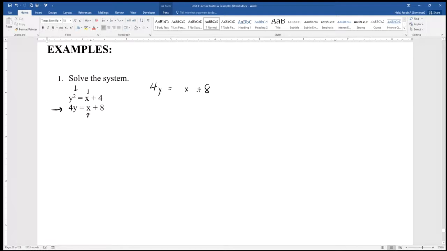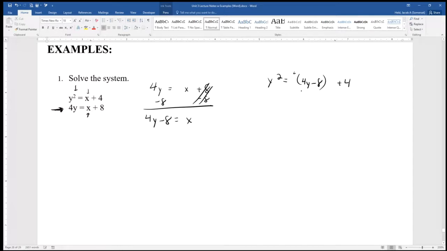Since the x has no coefficient, I'm going to solve for x, meaning I need to get rid of this plus 8. So x equals 4y minus 8, and that comes from the second equation. Now I need to rewrite the first equation, drop the x out, and plug in what x equals.